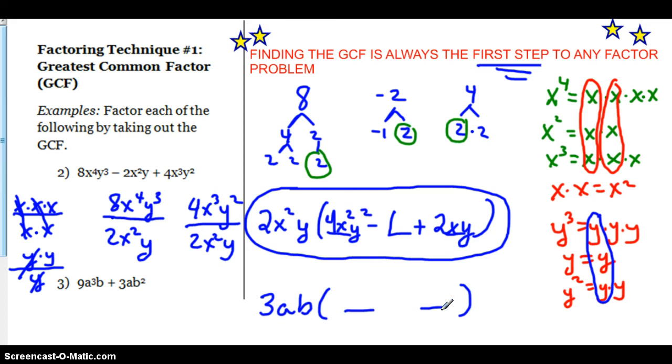So the second way to think about it is what times 3ab would be equal to 9a cubed b. So first you think of the number, what times 3 is 9, so that's 3. Then a to what power times a would be a cubed, and that would be a squared. And then we don't need any b's because 1 times b would be equal to this b.